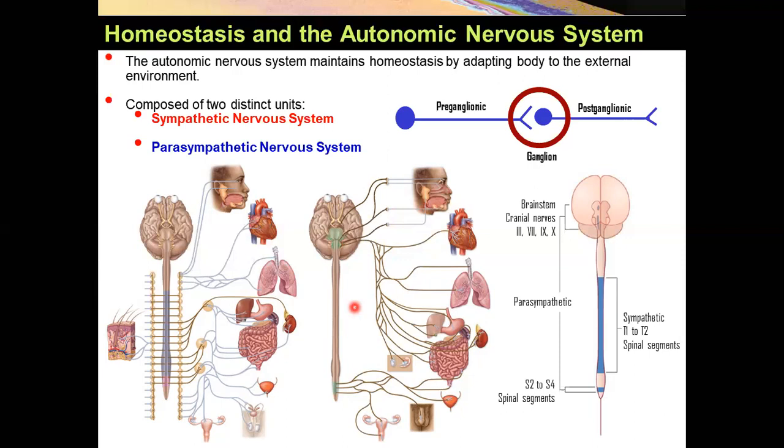Now let's review very briefly the autonomic centers for the sympathetic and the parasympathetic nervous system. So again, in the autonomic nervous system, there are two neurons in order.